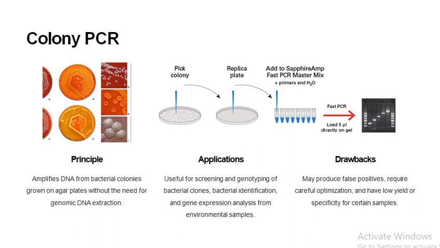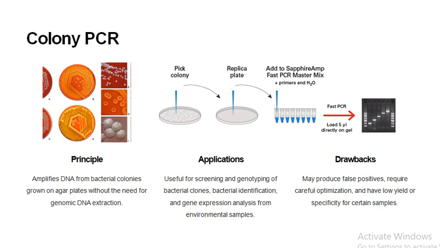Sometimes the extraction process becomes so tedious. To avoid that, instead of extraction, we are directly using the bacterial colony and inserting it into the Eppendorf tubes with the PCR reaction. This colony PCR is able to directly amplify the DNA in the bacterial colony without manual extraction of DNA.